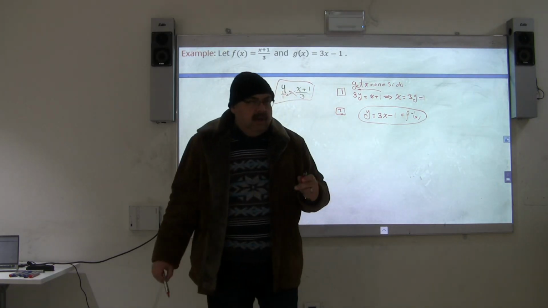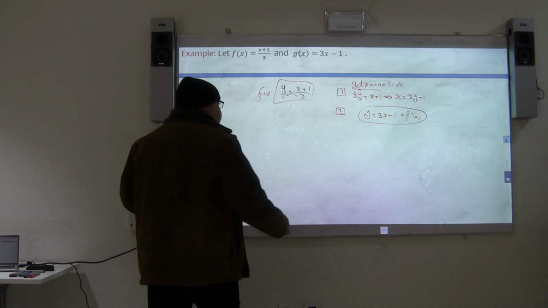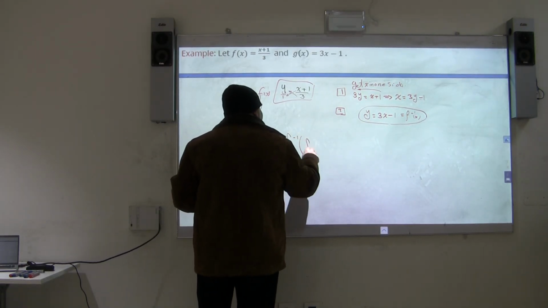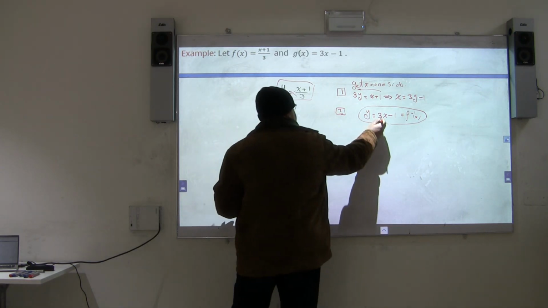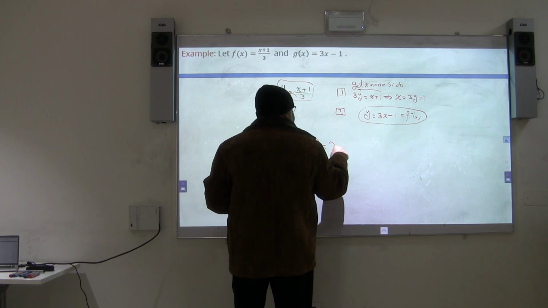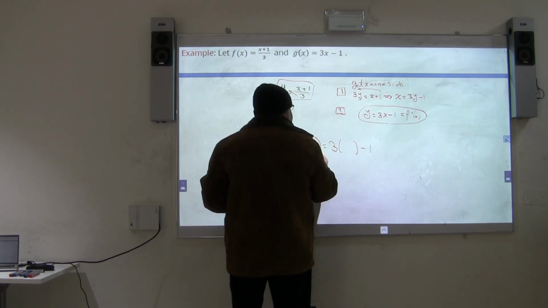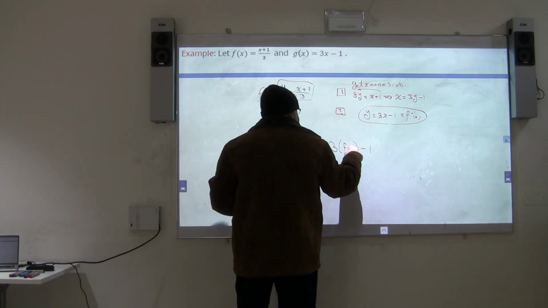How to check if my work is correct or not? It's really simple. Try to get f minus 1 of f of x, which means I will take this function, which is 3x minus 1, but instead of x, I will put f of x.